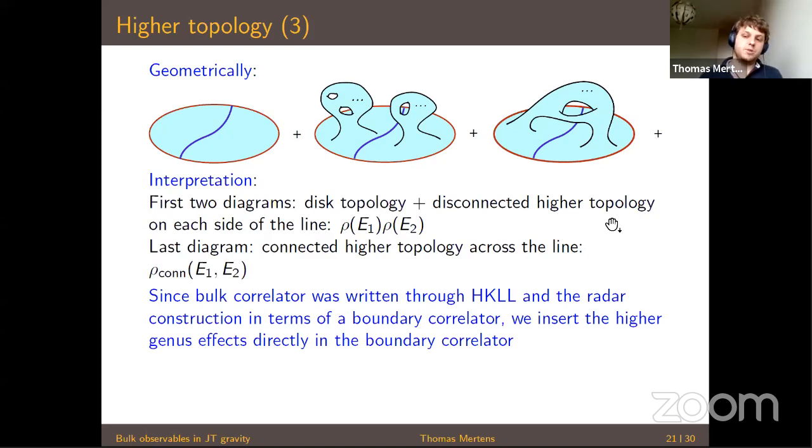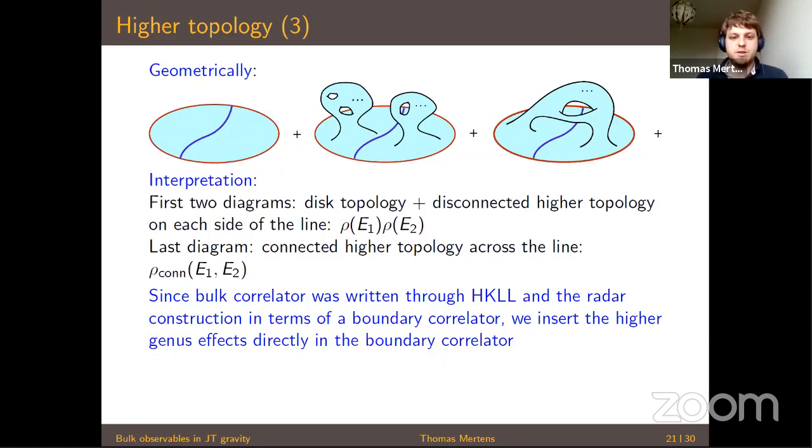Okay, so this was all for the boundary correlator and its higher topology, or higher genus, contributions. Now, during my talk, we are interested in a bulk correlator. So we need to find out how to deal with higher topology for the bulk correlator.